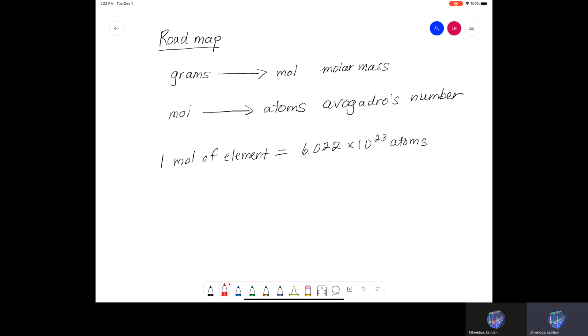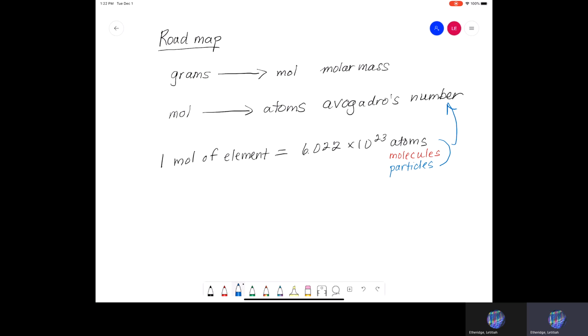Now if you remember in the video when we talked about Avogadro's number, I told you there were a couple of other terms that you could use instead of atoms that mean the same thing. First one is molecules. The third one is going to be particles. If you see any of these 3 terms, they are referring to Avogadro's number. I want to make sure that you're not confused about that.